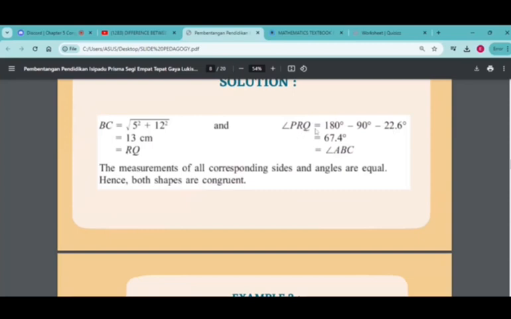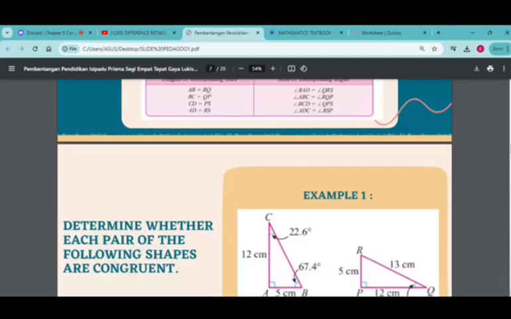In PQRS, 180 degrees minus 90 degrees minus 26.6 degrees is 67.4 degrees. It is the same, PQRS is the same as ABC. The measurements of all corresponding sides and angles are equal, hence both shapes are congruent. Both shapes are congruent for example 1.